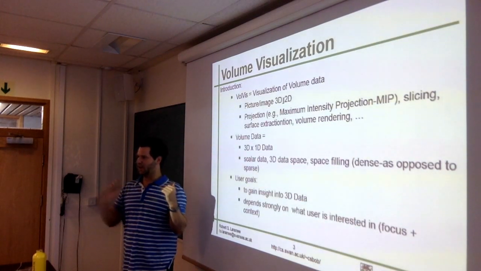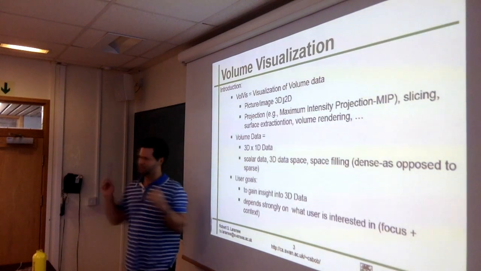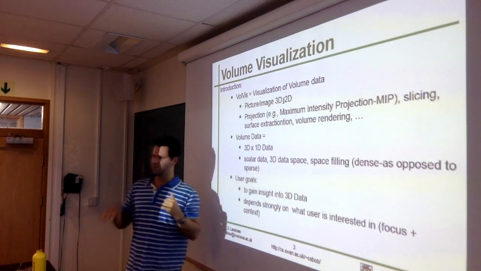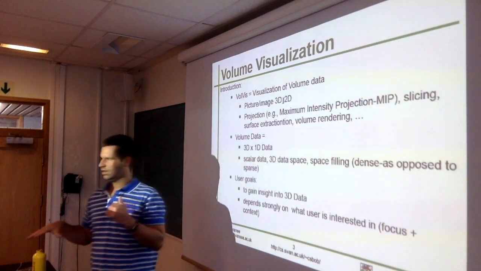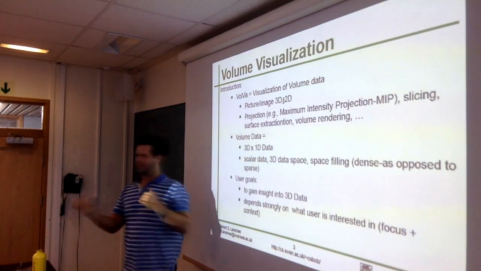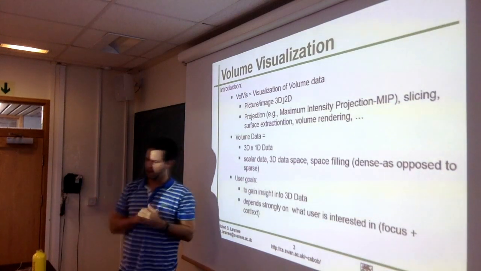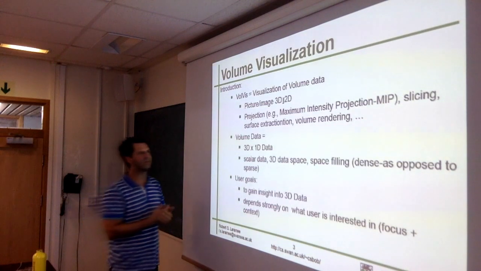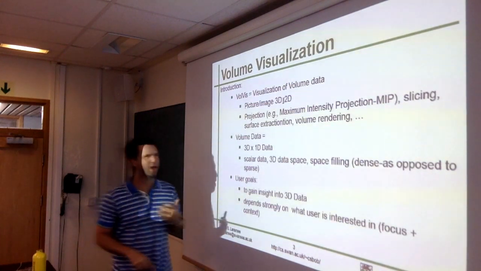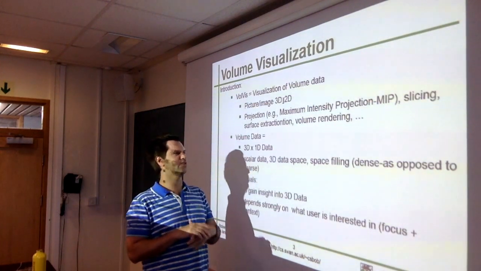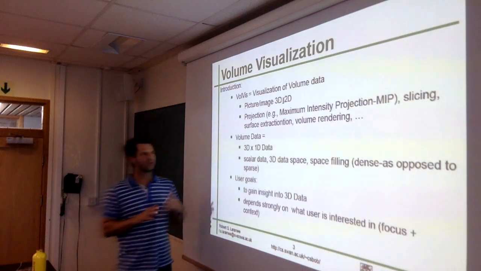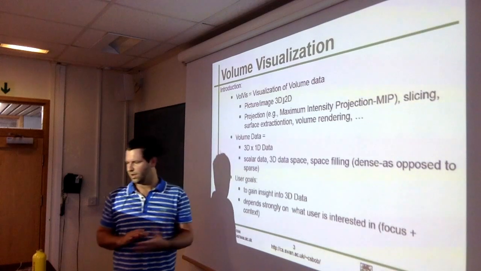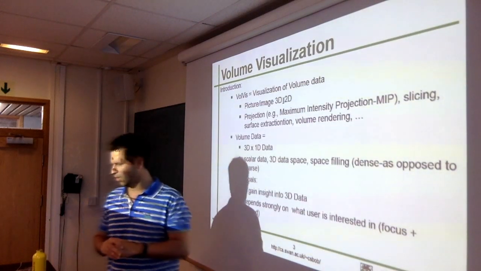Sometimes the heart was being projected, sometimes the skin, sometimes the bones, sometimes the kidneys, sometimes it was being twisted around. So how does that projection work? There are different projection methods. One's called maximum intensity projection, one's slicing, one could be extracting surfaces, and also the topic called volume rendering.